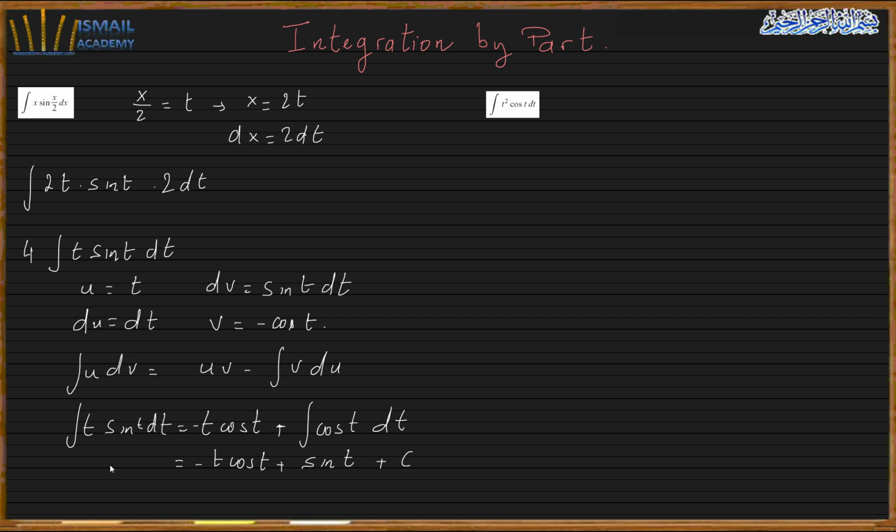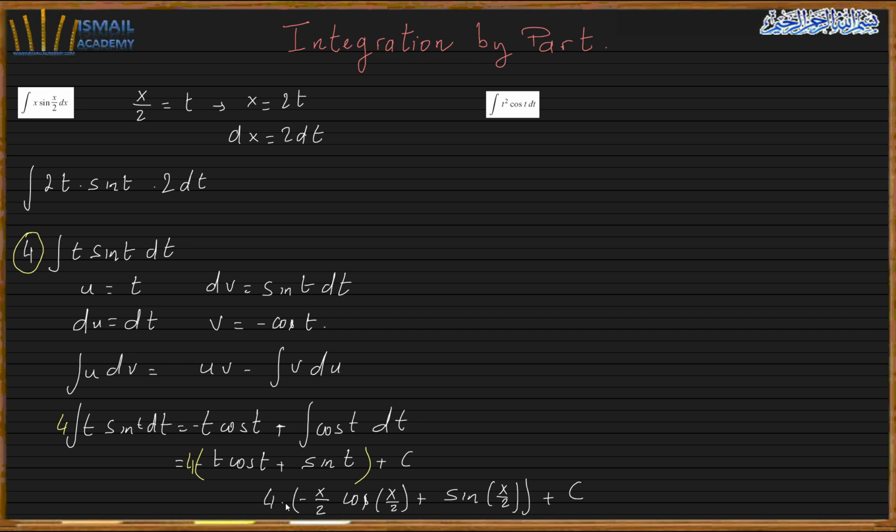And keep in mind, don't forget that 4. I didn't use it here because I don't want to integrate it by itself. Then here I will have 4 times the whole thing. So my final answer after I substitute back t should be 4 times minus x over 2 cosine of x over 2 plus sine of x over 2 plus c.